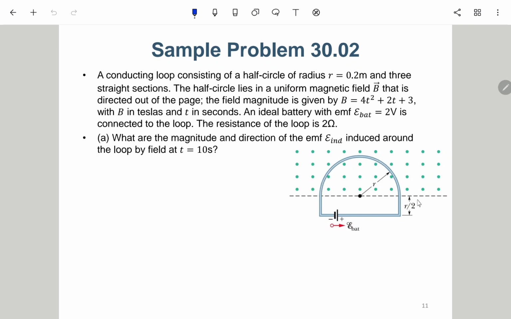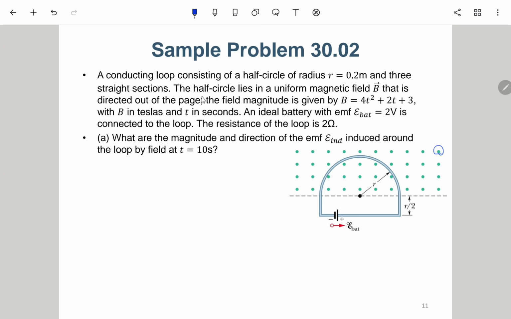So this is a semicircle, this is one straight section, a second one, and the third straight section. The half circle lies in a uniform magnetic field that is directly out of the page. So assume above the dotted line we have a uniform B field, indicated by this green dot. The B field is pointing out of the page.